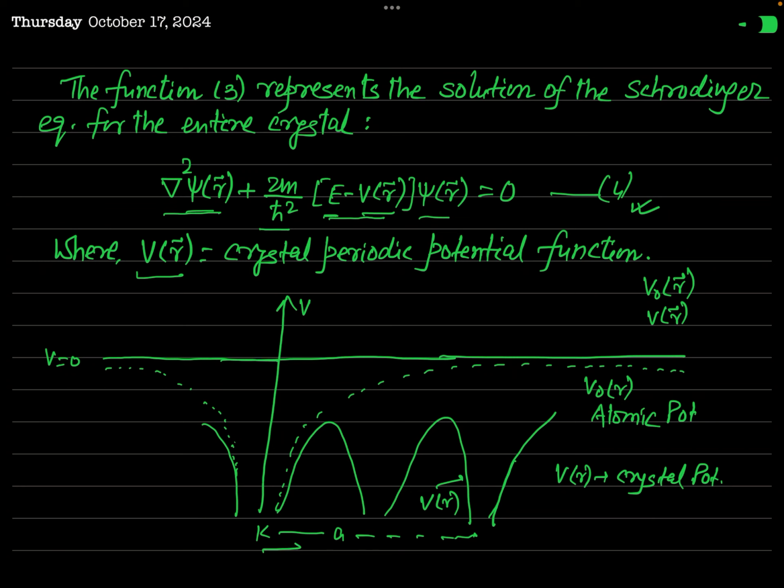Here I have plotted a graph of the potential function V against r. This full line curve represents the variation of the crystal potential, but this dotted line curve represents the variation of the atomic periodic potential.